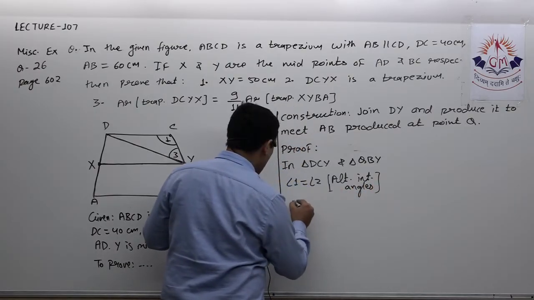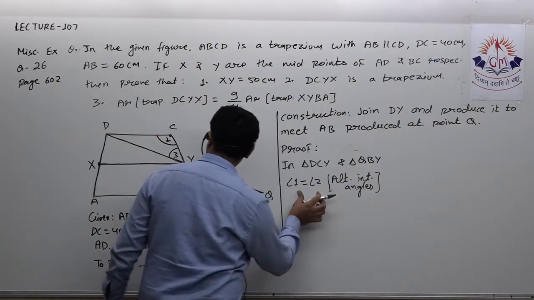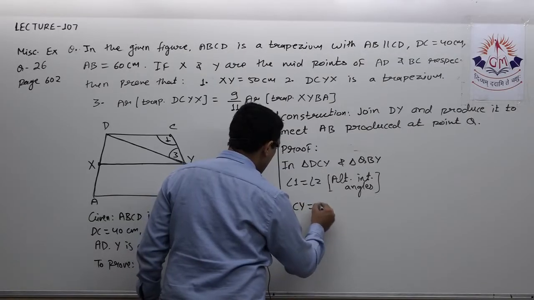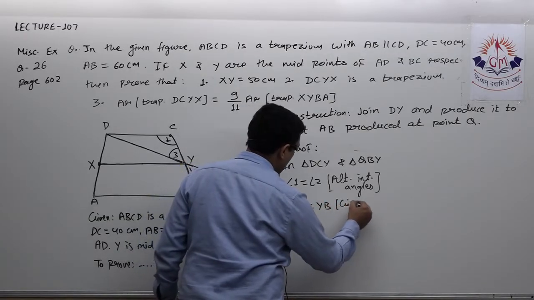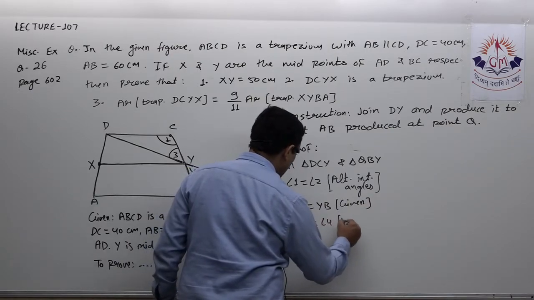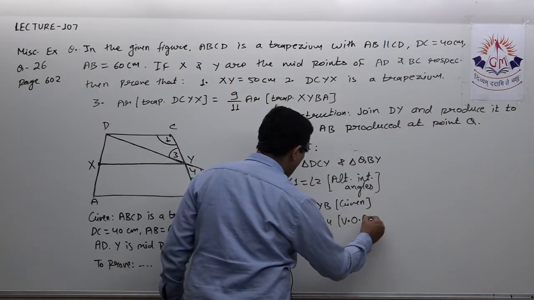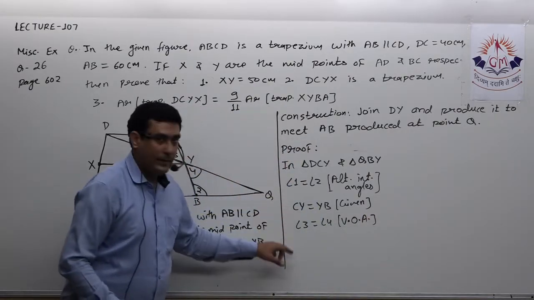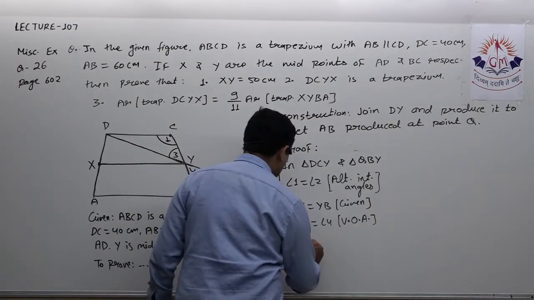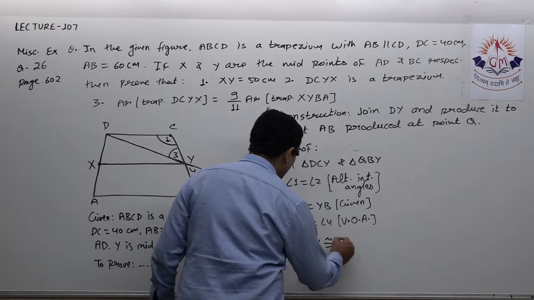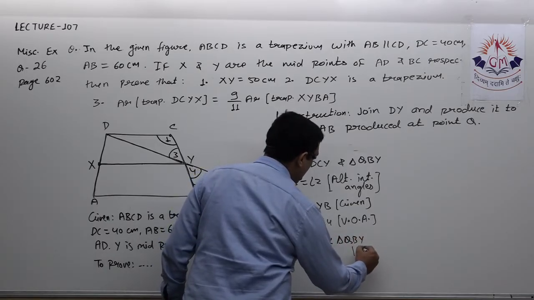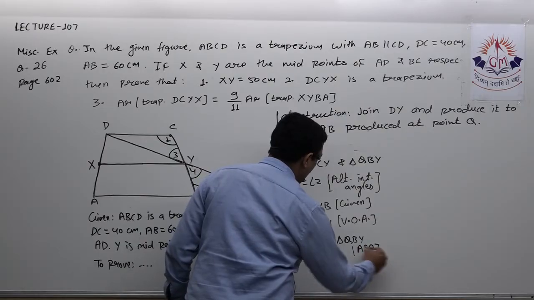CY is equal to YB, that is given, and finally angle 3 is equal to angle 4, that is vertically opposite angles. So by angle side angle we can say the triangles are congruent. Therefore I can say triangle DCY is congruent to triangle QBY by the ASA criterion.